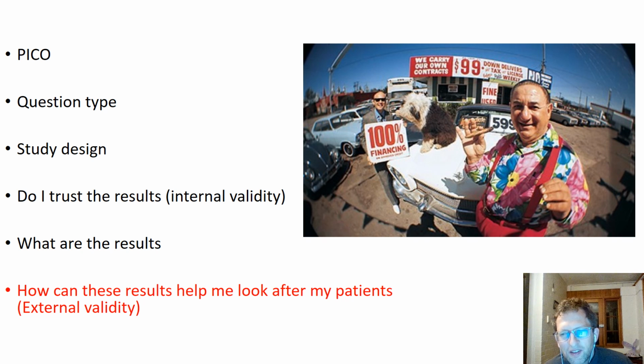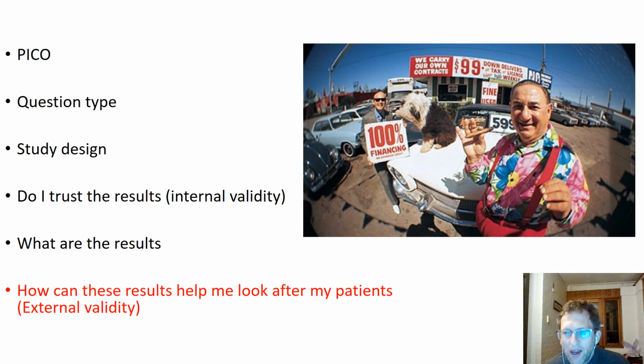The essence of this is that you've discovered some new information, some results from this study, which is studying a very specific population with specific interventions and comparators and measuring certain outcomes, and you've got to work out how can I bring that information from within the paper to outside of the paper onto the patient or patients that you are thinking about, and that essentially this brings you back to the evidence-based triad.